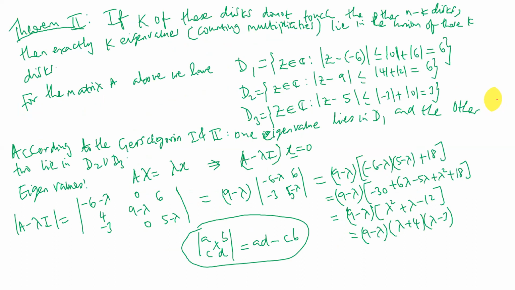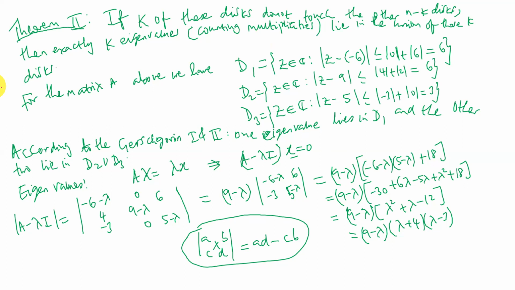Then what? If k of these disks do not touch the other disks, then exactly k eigenvalues, counting multiplicities, lie in the union of those disks.